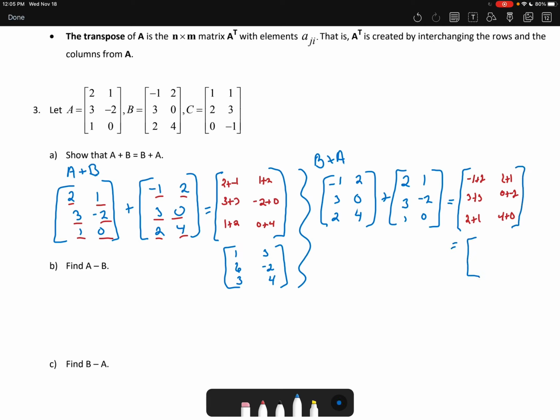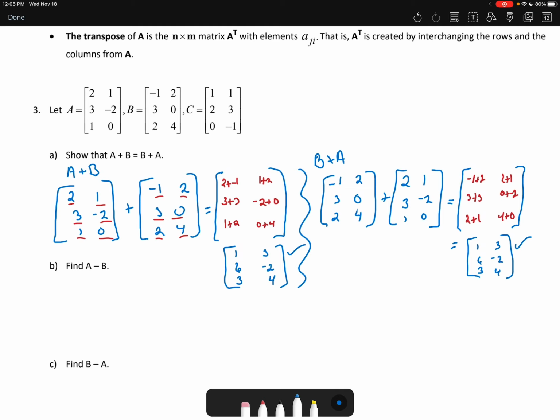So dropping down below, I get the exact same entries. So I have shown here that A plus B equals B plus A. So we can rest assured that that commutative property does still hold for adding matrices.